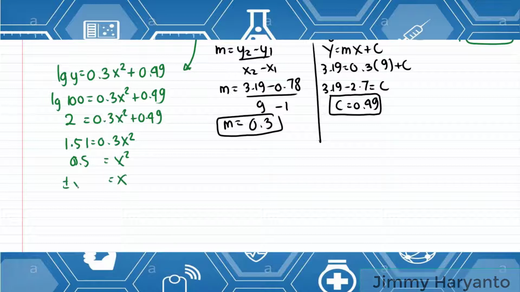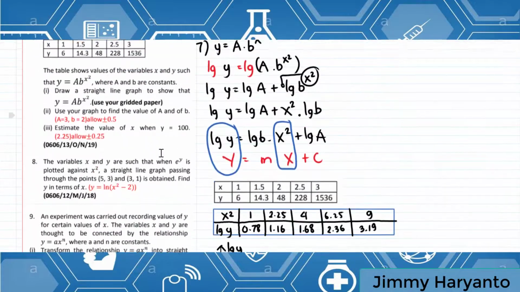So x will be plus minus square root of 0.5. Remember, when you move the square into a square root, you must add plus minus in front of it. Okay, square root of 0.5 becomes 0.7, plus minus 0.7. So x will be plus minus 0.7.